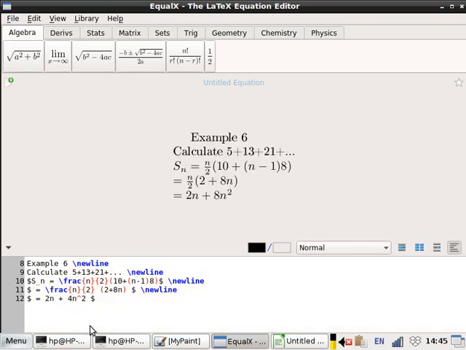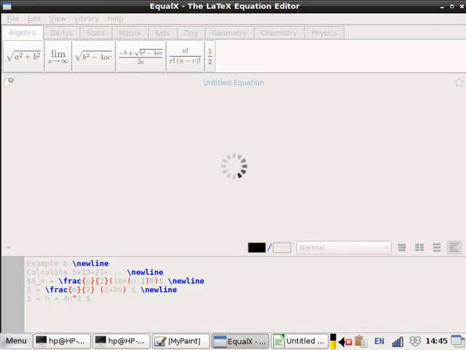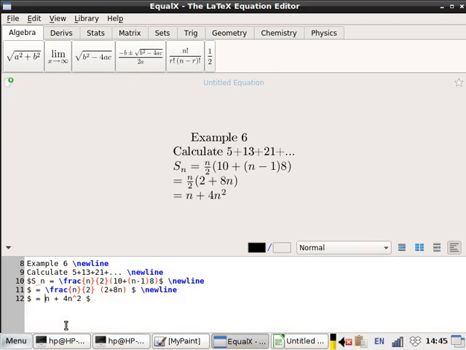So n times 1 is n, and 4n squared, because I cancel above and below by 2. So it's n plus 4n squared. Because this 2 and this 8, you divide by 2, you get 1 and 4. Right? Yep.